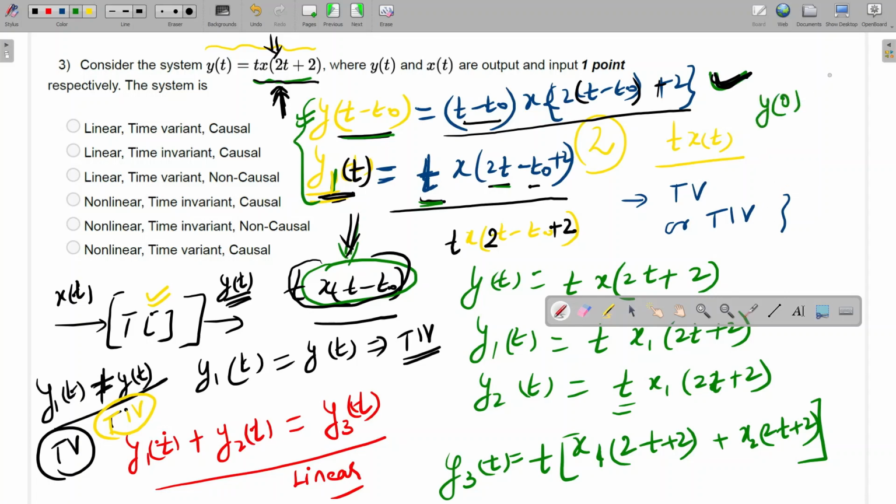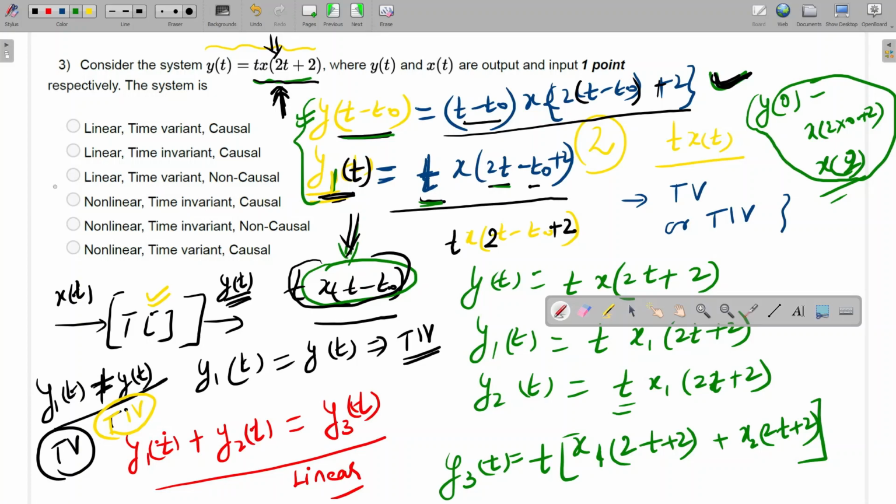So y of 0 is equal to what we are getting? x of 2 into 0 plus 2, so x of 2. So the value at the 0th instant depends on a future value, so non-causal. So what we got: linear, time variant, and non-causal.